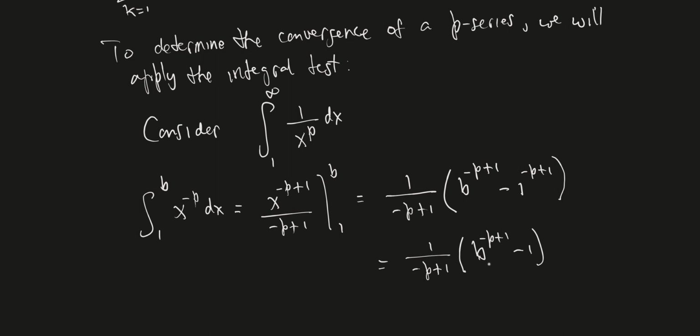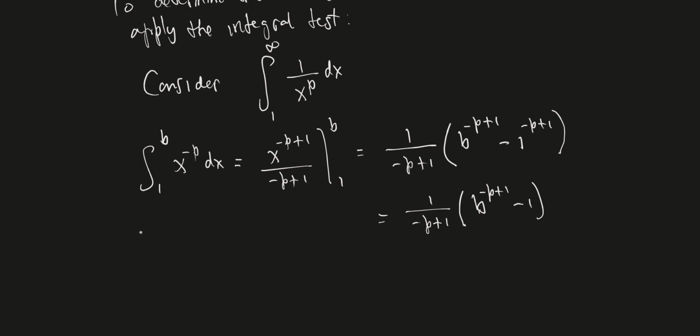All right? So now we're going to have to decide what's going to happen to this when b goes to infinity. So we're going to take the limit as b goes to infinity of 1 over negative p plus 1 times the quantity b to the negative p plus 1 minus 1.